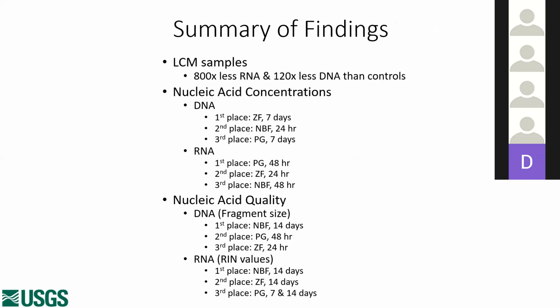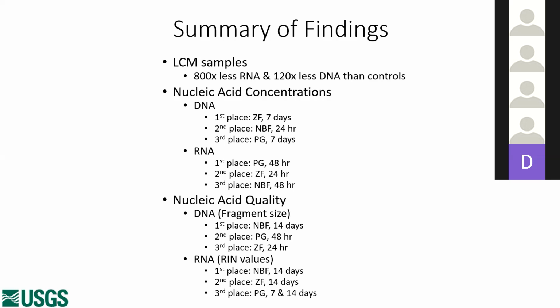So to summarize these findings, what were the main points that came out of this study? The LCM samples had 800 times less RNA and 120 times less DNA than the controls preserved in RNAlater and ethanol. For the nucleic acid concentrations, first place for DNA concentration goes to Z-Fix at 7 days.